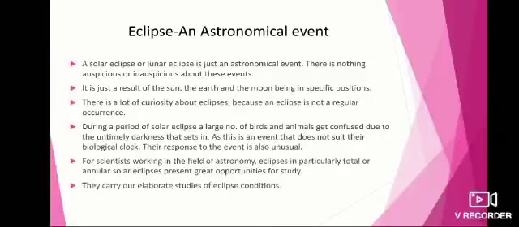During a period of solar eclipse, a large number of birds and animals get confused due to the untimely darkness that sets in. As this is an event that does not suit their biological clock, their response to the event is also unusual.